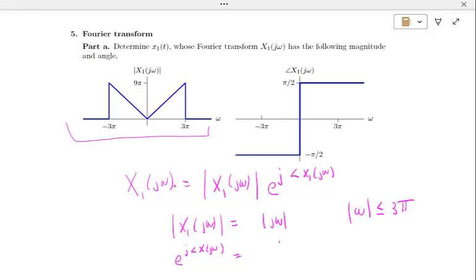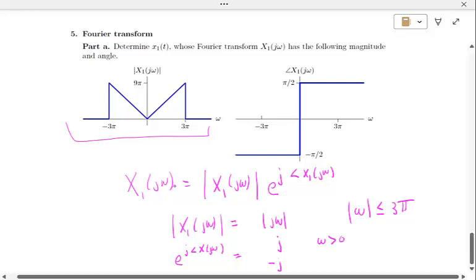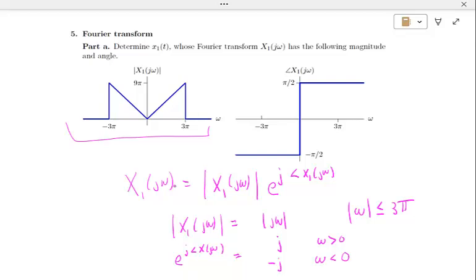It's going to be j when omega is greater than 0, and minus j when omega is less than 0. All right. So here, of course, the absolute value of omega is just omega's magnitude.